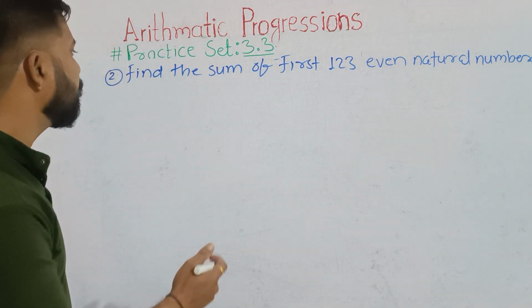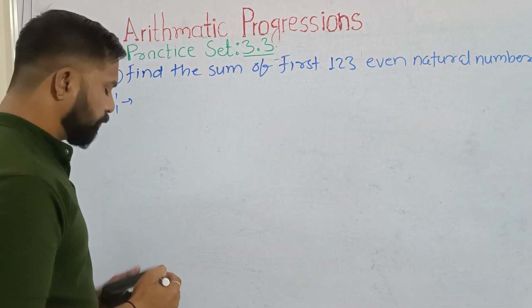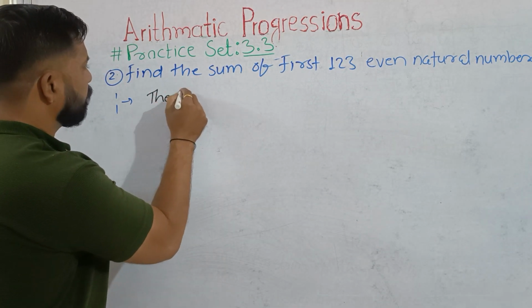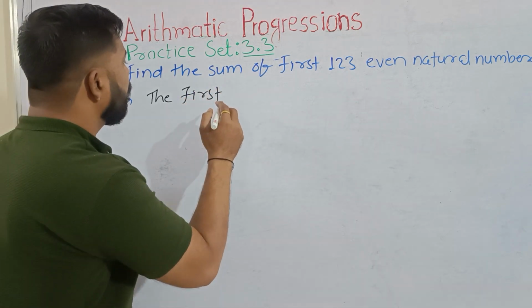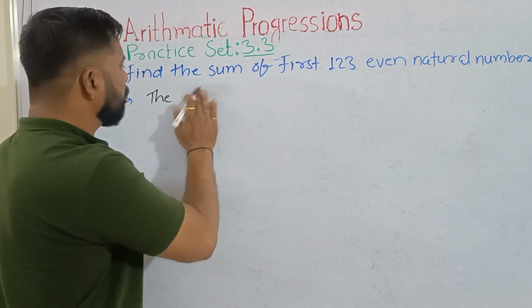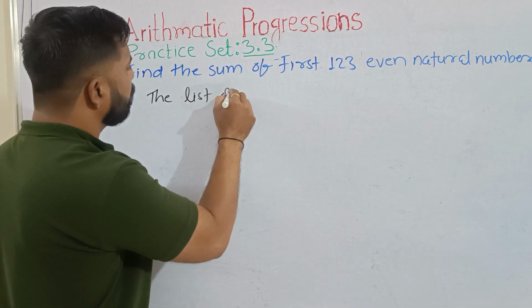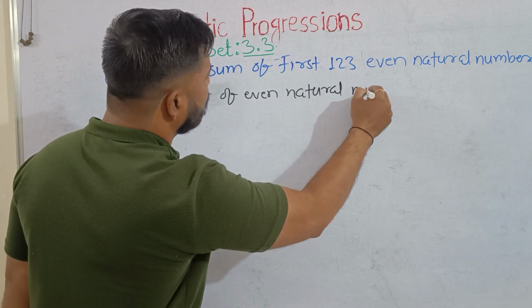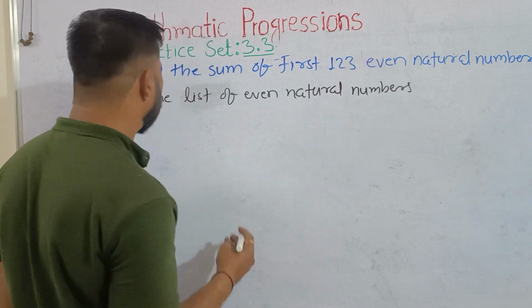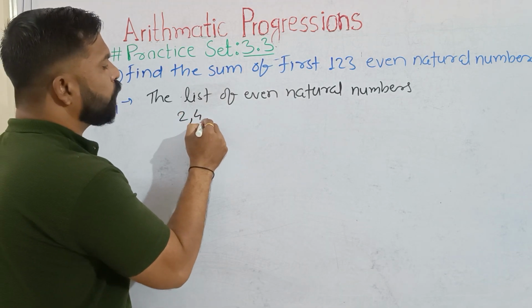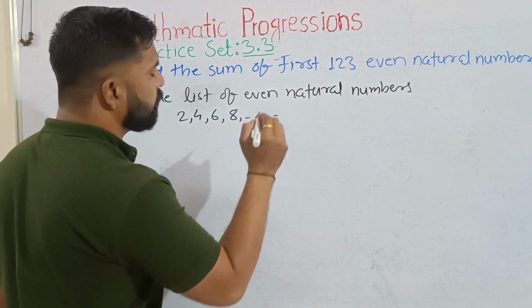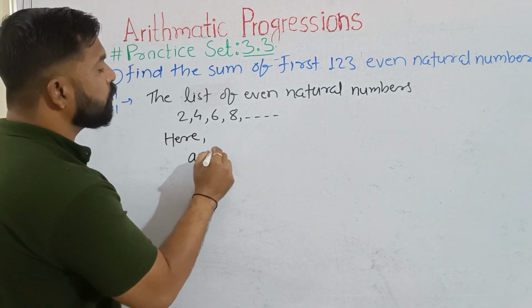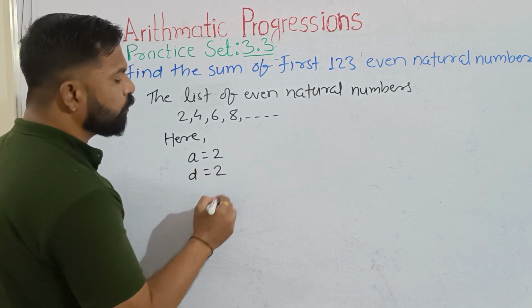So here we have to write the list of even natural numbers 2, 4, 6, 8, and so on, where a is equal to 2, d is also equal to 2.